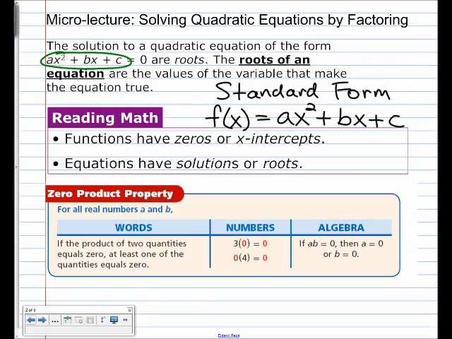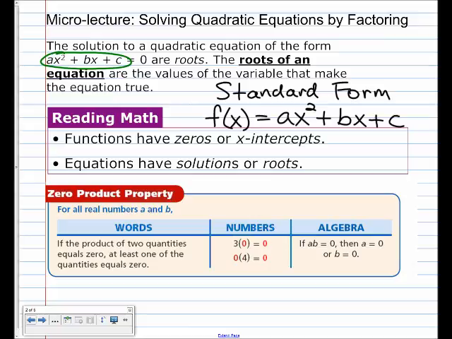And so just to help us out, let me ask you this question. If I have A times B is 0, and I tell you A is 4, what does B need to be for that to be true? It needs to be 0 because 4 times 0 makes 0.